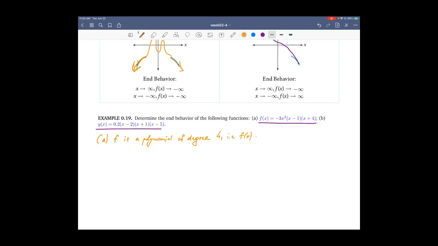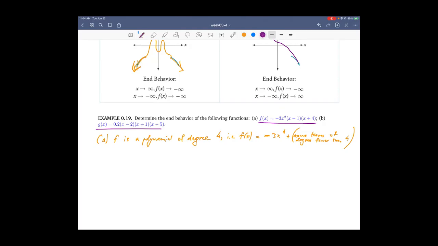In fact, f is negative 3x to the power 4 plus some terms of degree fewer than 4. And we don't need to know what those terms are because, again, the end behavior of a polynomial function is the same as the end behavior of its leading term.